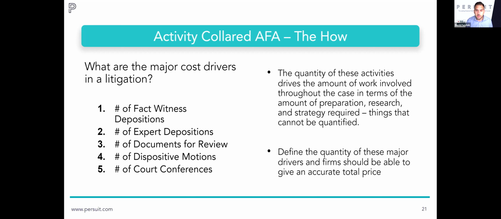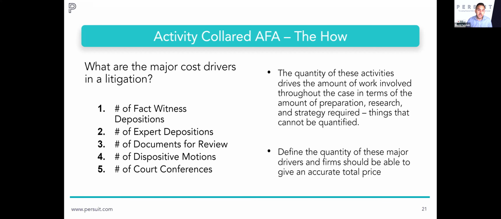Ask firms for their assumptions. Maybe you get 2 or 3 firms to give you their assumptions for what's likely to take place in the matter. And then after reviewing those assumptions, if you need to clarify and adjust what your assumptions are, ask the firms to revise their proposed price based on a new set of assumptions. That's a healthy exercise before you actually come to a final agreement on the price.